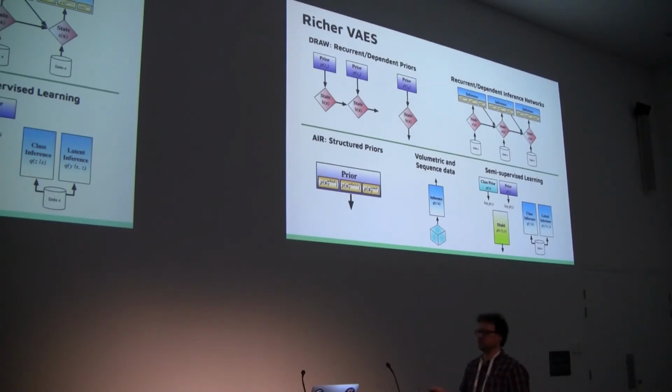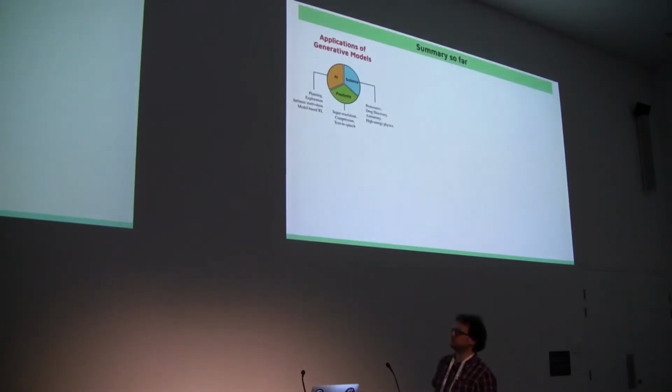You can apply it to volumetric data, audio, etc. And you can use these models in combination with standard classifiers, for example, to do things like semi-supervised learning when you don't observe all the labels of your model.